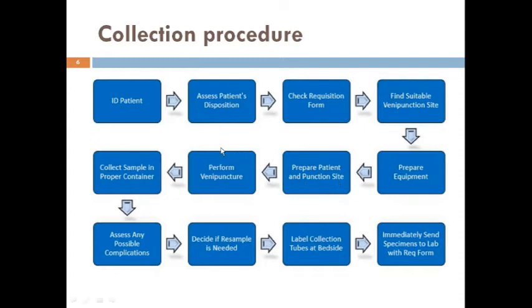Then perform venipuncture and collect the sample in a proper container, like a plain vial or an anticoagulant-containing vial. After that, you check whether the amount is proper or not. If the amount is not proper, then you recollect the sample. Otherwise, you label the tube and immediately send it to the laboratory with the requesting form.